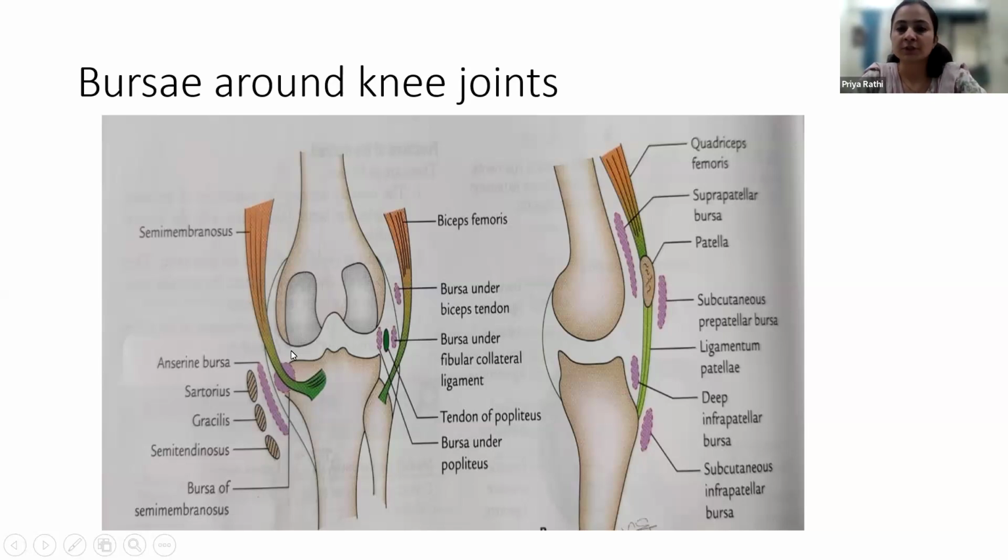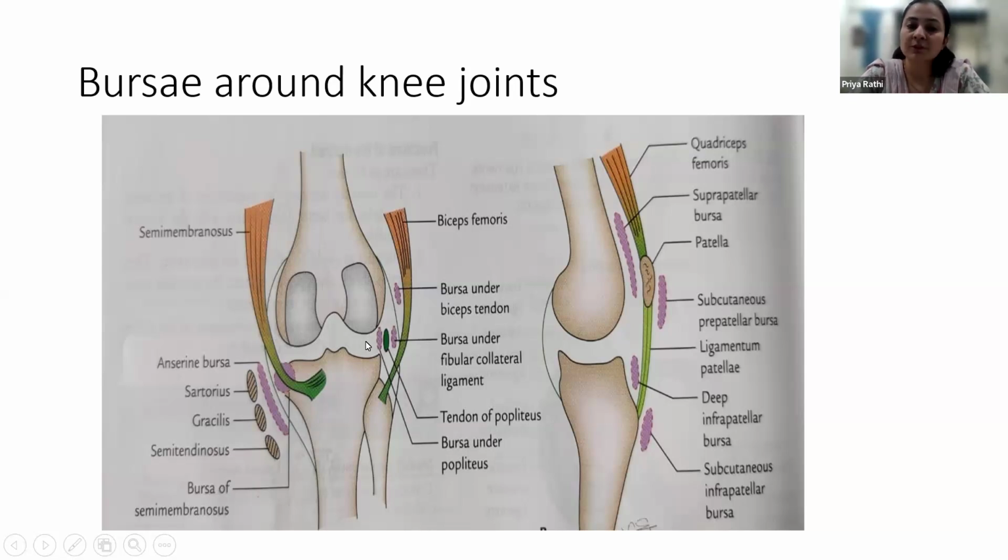If we talk about posterior bursae, one bursa underlies the lateral head of gastrocnemius, one bursa underlies the medial head of gastrocnemius. There is one bursa which underlies the semimembranosus tendon and it is known as no name, no fame bursa.